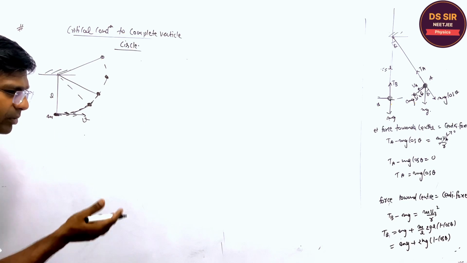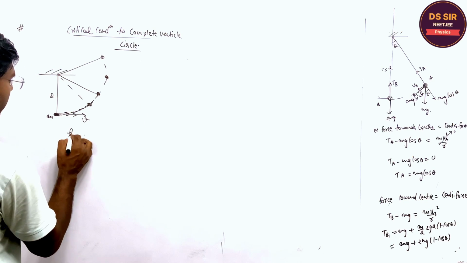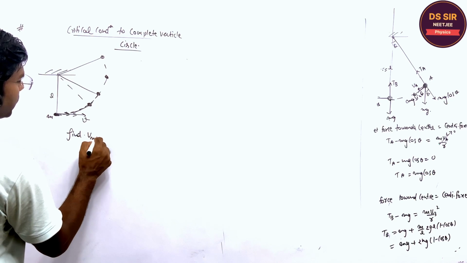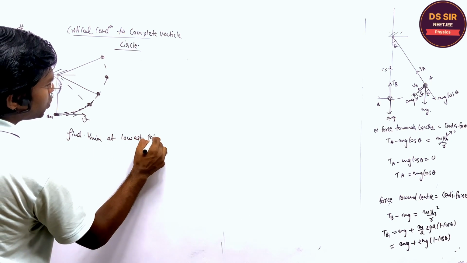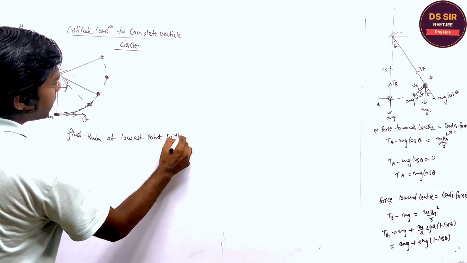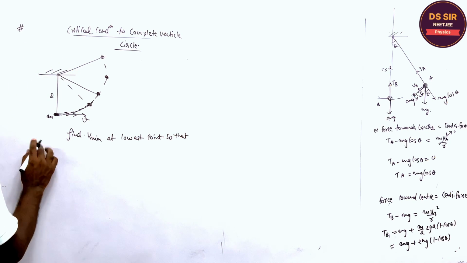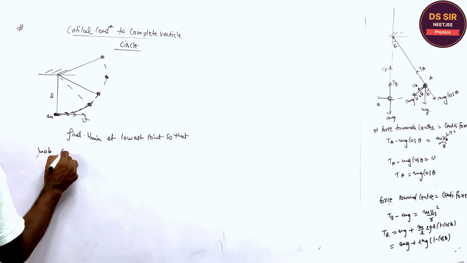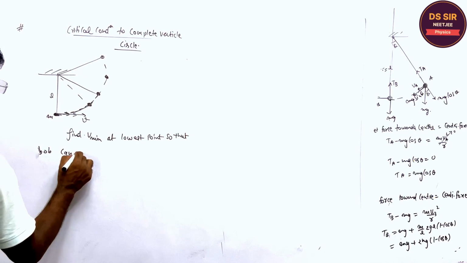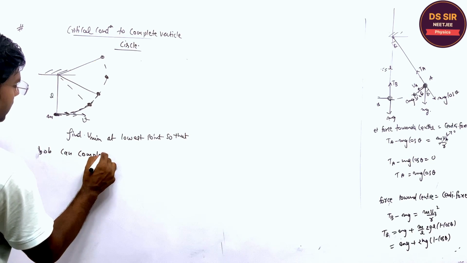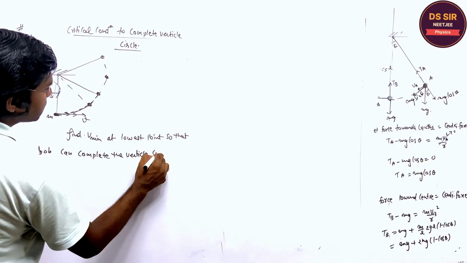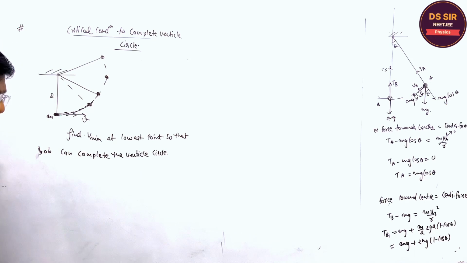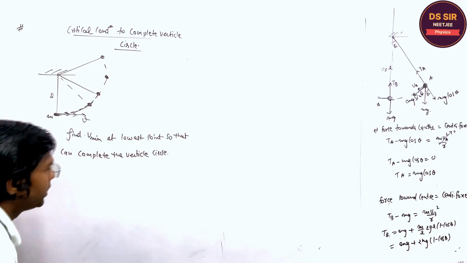You have to find the minimum speed at the lowest point, find v minimum at lowest point, so that the particle or the bob can complete the vertical circle. Is it clear or not? This is the question, right?